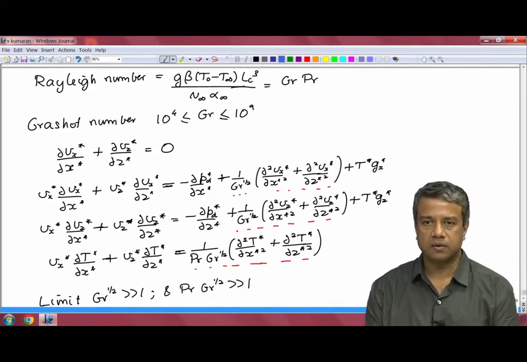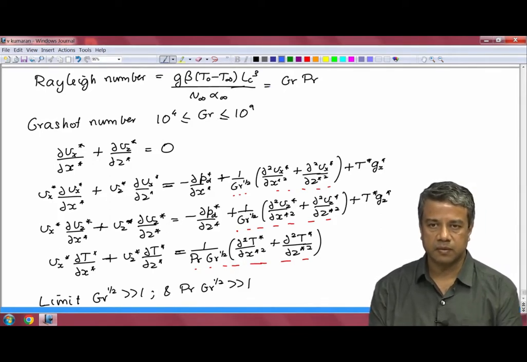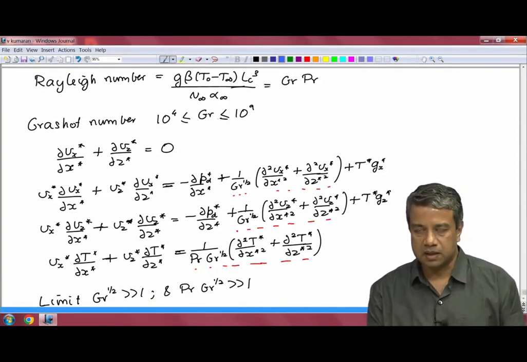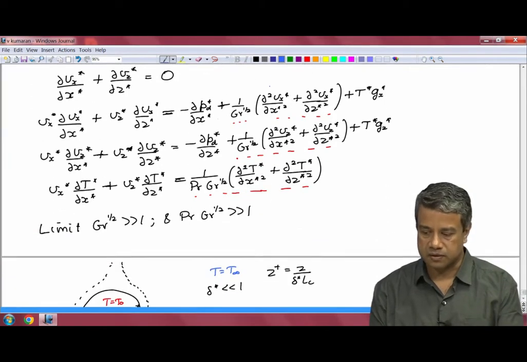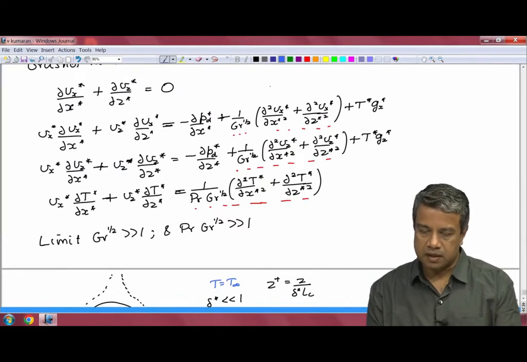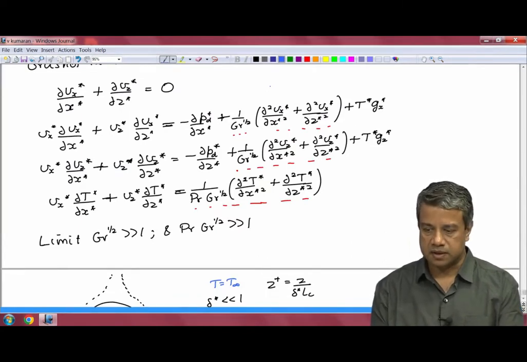Therefore, we have to include the effects of diffusion in a thin boundary layer close to the surface and determine that boundary layer thickness from the condition that the convection and diffusion are comparable in the limit as the Grashof number goes to infinity. So, we had written down the conservation equations, okay?